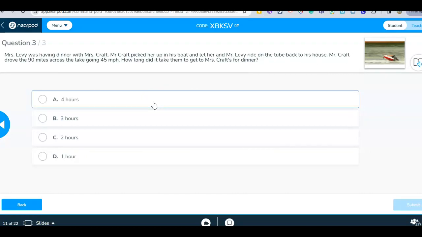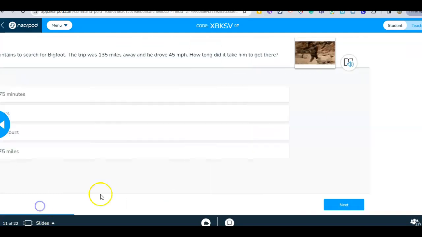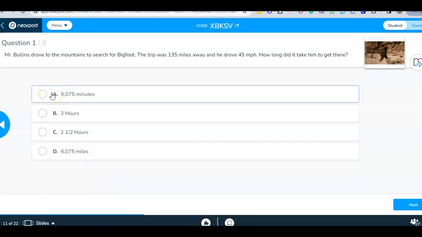Mr. Kraft picked her up in his boat and let Mr. Levy ride on the tube back to his house. Mr. Kraft drove 90 miles across the lake going 45 miles an hour. I'll be honest with you, it's probably backwards because anytime he gets us on the tube, he probably goes 90 miles an hour and tries to kill us in the lake. But how long did it take him to get to Mr. Kraft's for dinner? So 3 questions, all of them you can solve using the DST triangle, and we will go over those in just a minute.